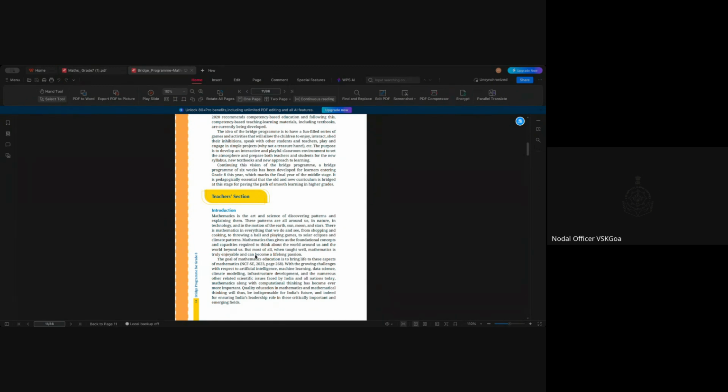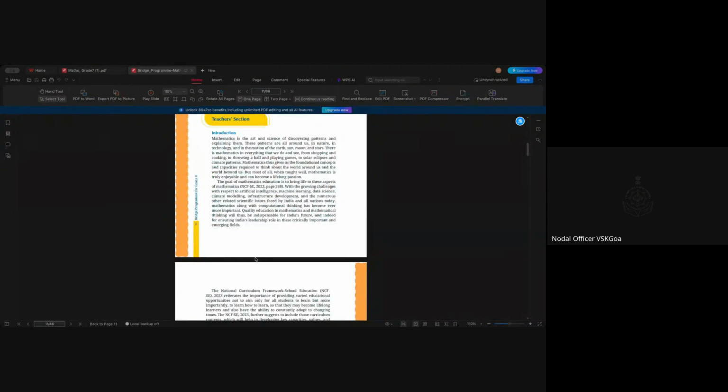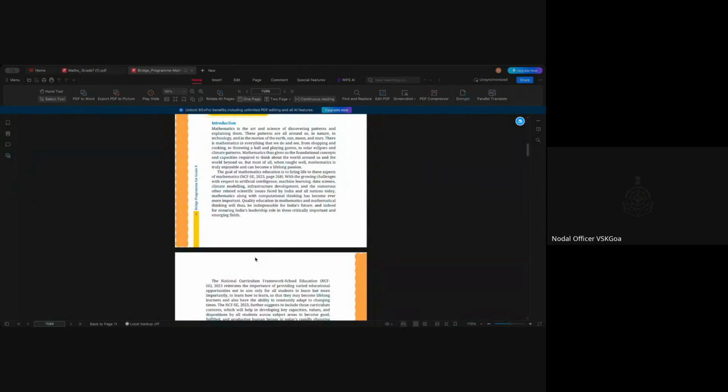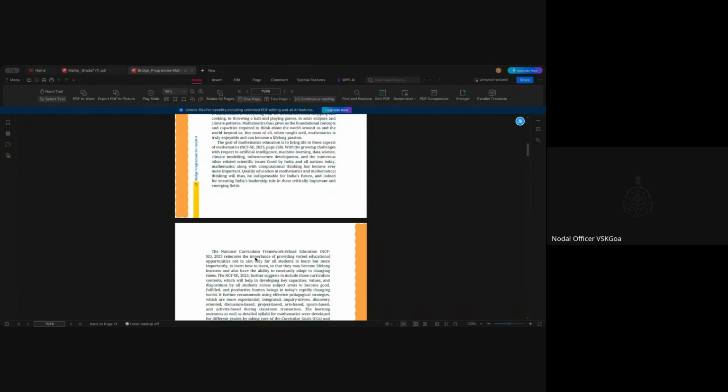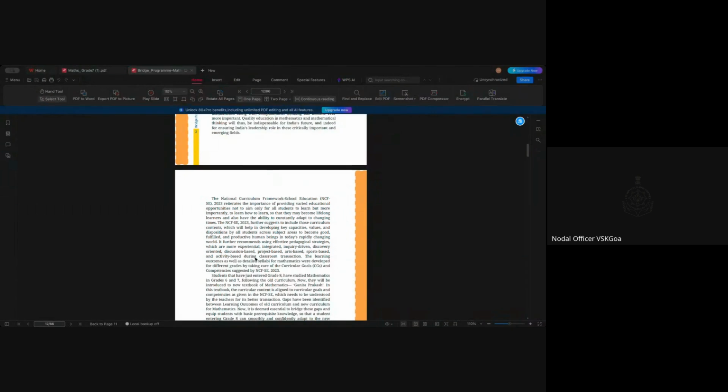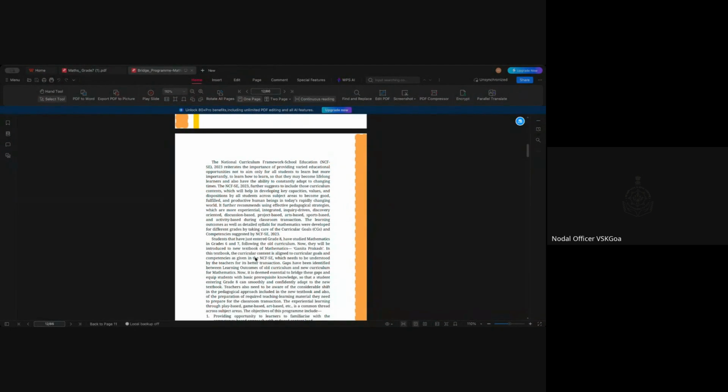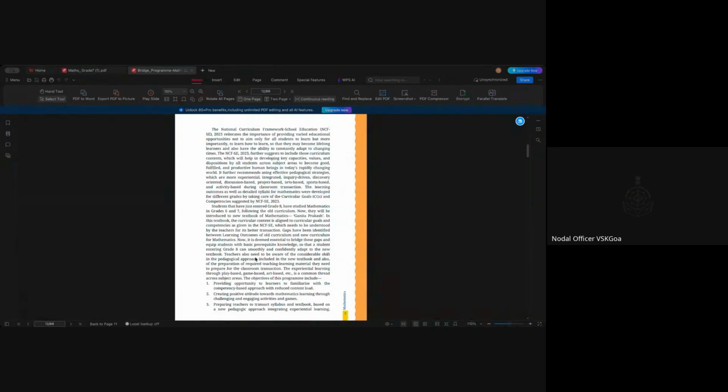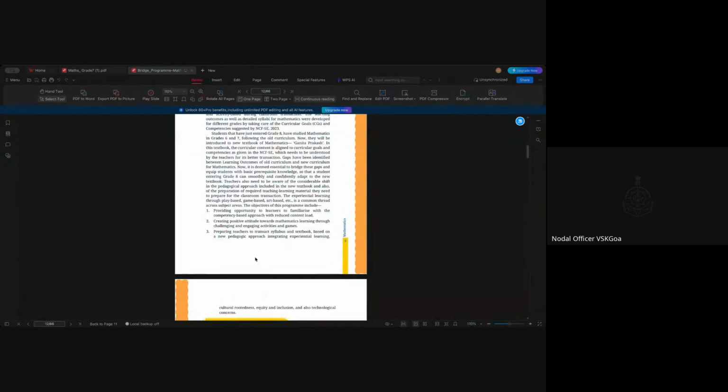That's how whatever concepts we teach will remain permanent in their memory, and they will have a lifelong passion for learning mathematics. So as a maths teacher, we need to inculcate love for mathematics through our teaching.